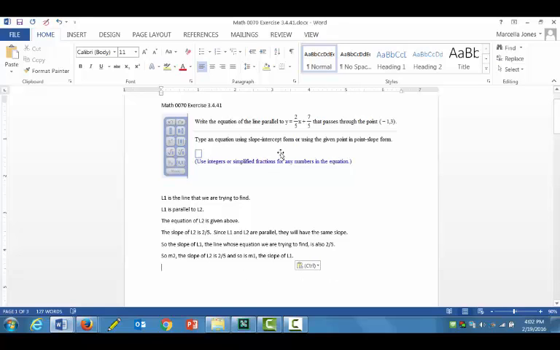So the line whose equation is given has slope 2/5, and so does the line L1, whose equation we're trying to find. M2, the slope of L2, is 2/5, and so is M1, the slope of L1.